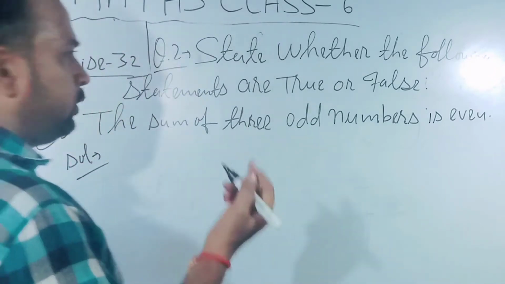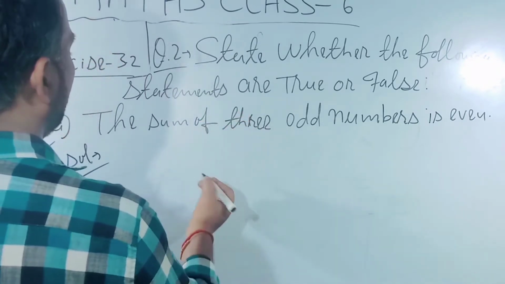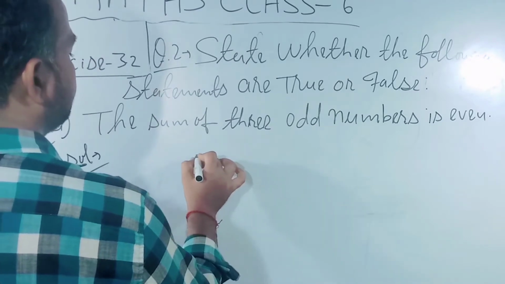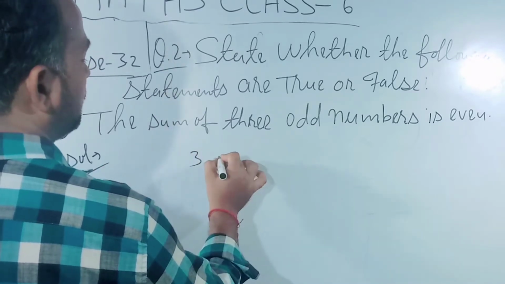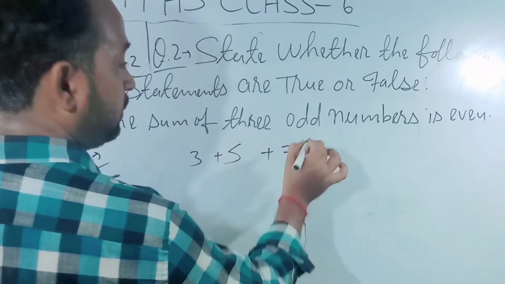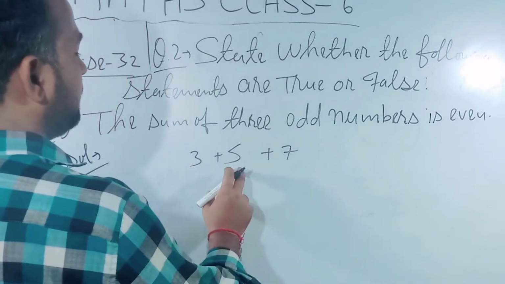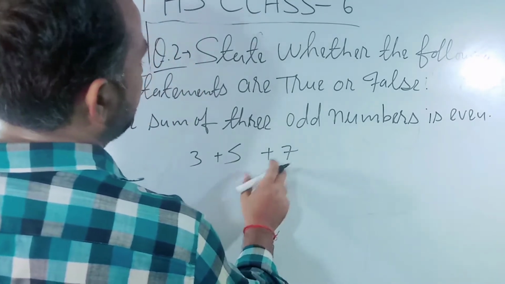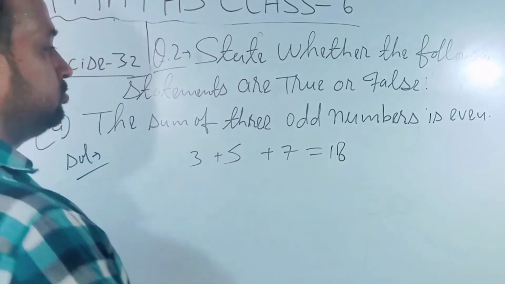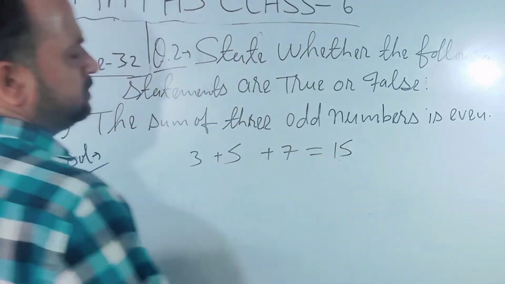I'm taking only one example. Three odd numbers, any numbers we can take. Suppose I'm taking 3 plus 5 plus 7, small numbers. 3 plus 5 is 8, 8 plus 7 is 15, it's an odd number.